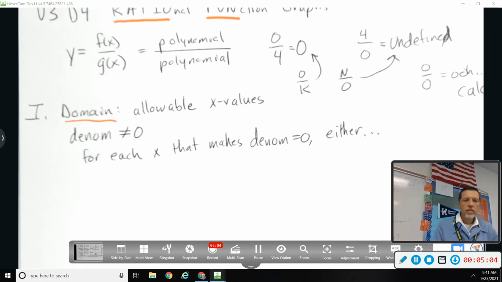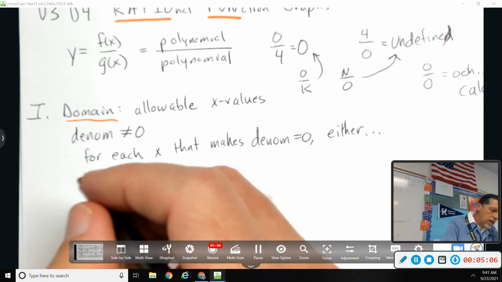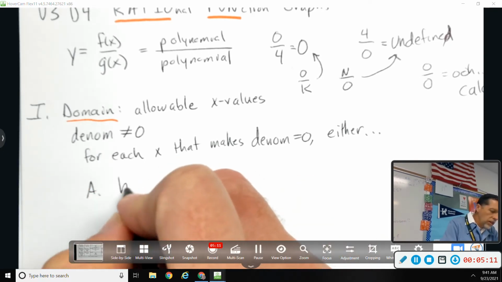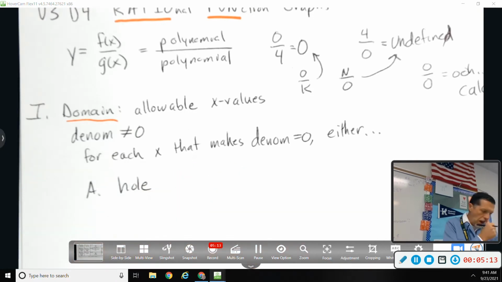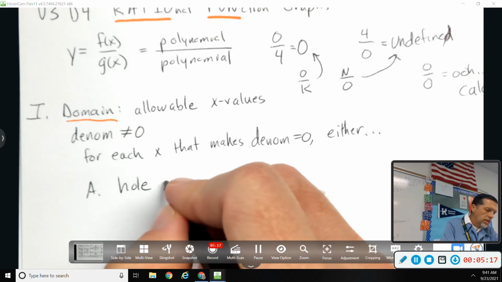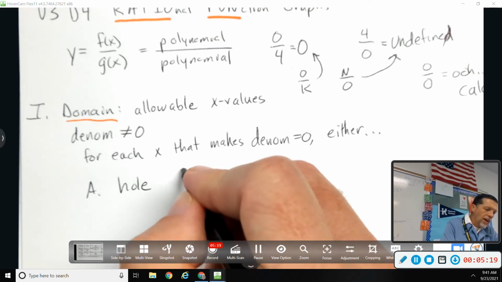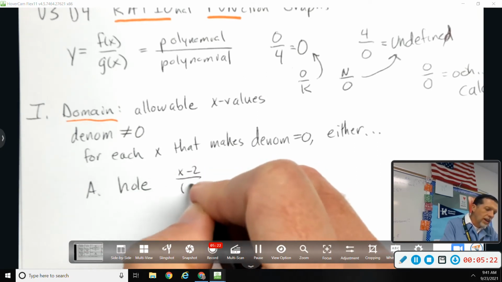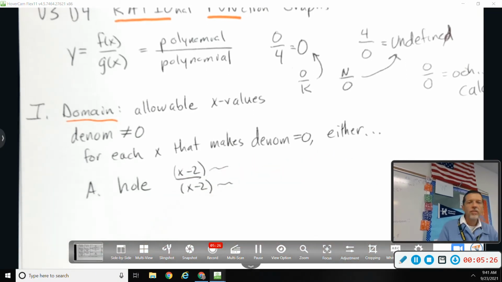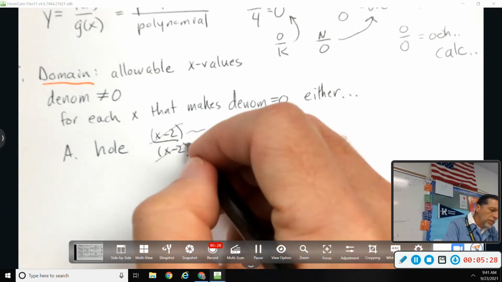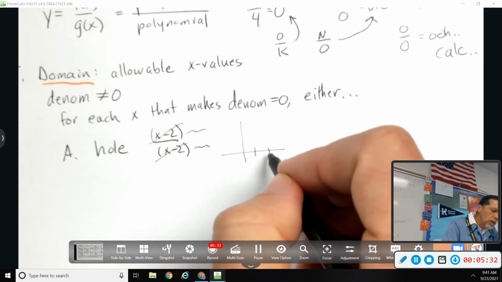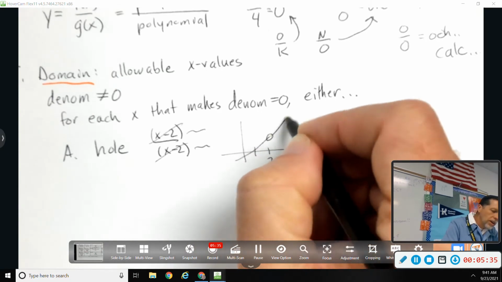If something makes the bottom 0, it could be a hole. That would be where factors cancel. So like if you have x minus 2 over x minus 2 and some other stuff, the x minus 2's cancel, but that means on the graph at 2, whatever's going on there, there's a hole there.